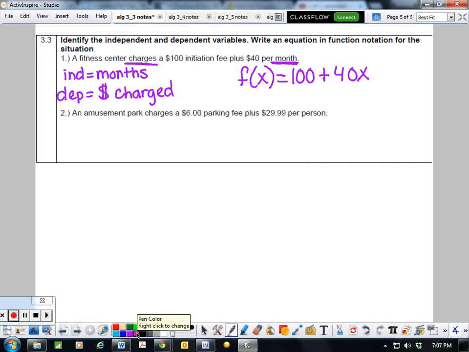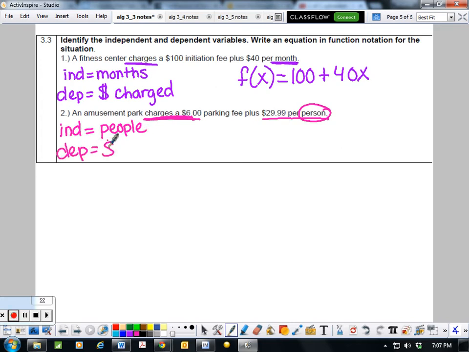Okay, amusement park charges $6 parking fee plus $29.99 per person. So it looks like we're using the amount of people to determine how much money the amusement park is charging. So our independent variable is people, or number of people, and our dependent variable is money charged.